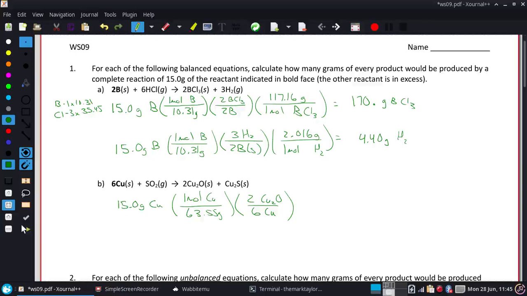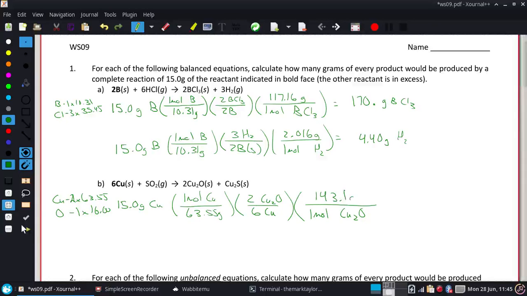It's O minus 2, so this would be copper 1 oxide. And then 1 mole of copper oxide, 1 times 63.55, well, 2 times. And then oxygen is 1 times 16. Cu2O is 143.1 grams.